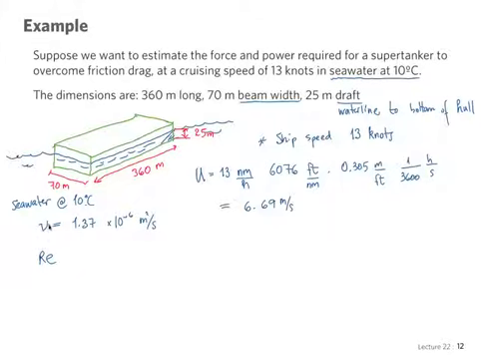Well, the density is included in here because I'm going to use the Reynolds number with nu rather than just to save a little bit of work. So Reynolds is going to be U times L over nu. We have everything. 6.69 meters per second. The length is 360 meters.